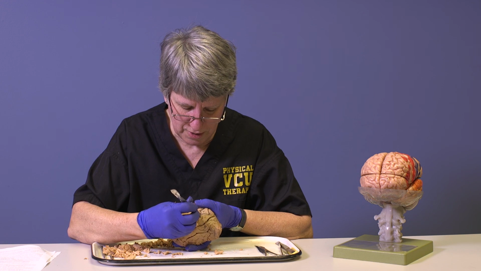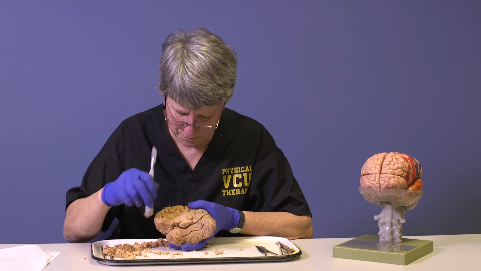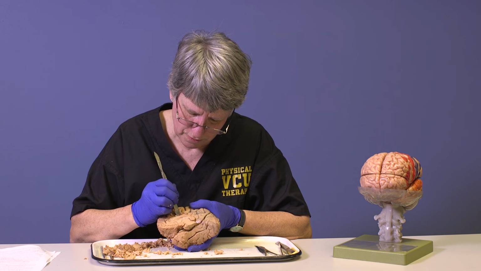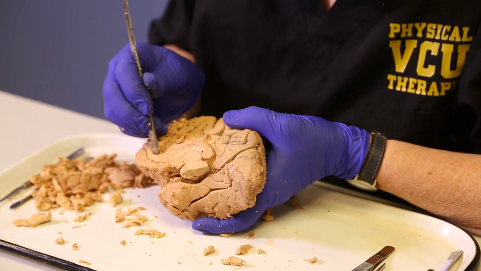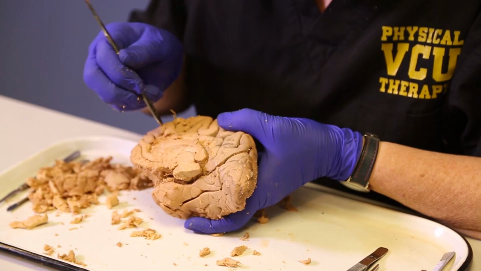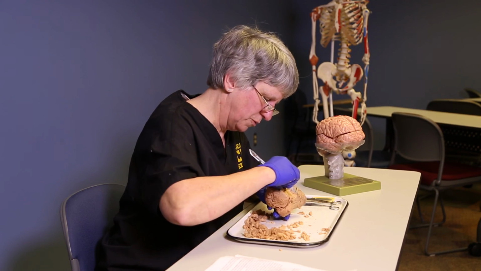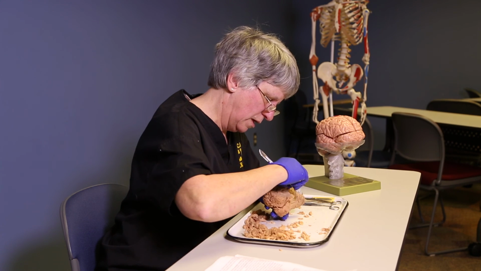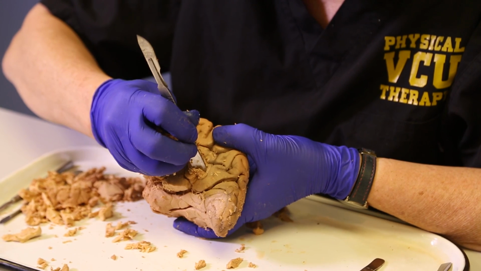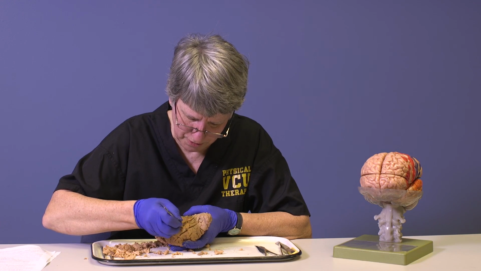But within the cingulate gyrus is a cingulum, and it's a big group of fibers picking up fibers from the frontal lobe, the parietal lobe, and all the way back to the temporal lobe as you go into the parahippocampal gyrus.